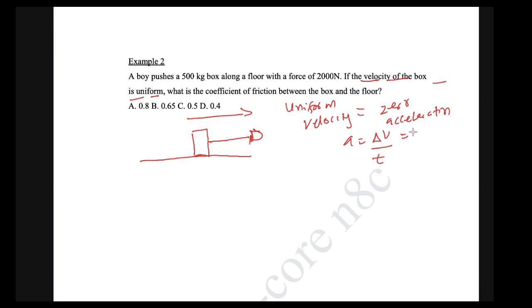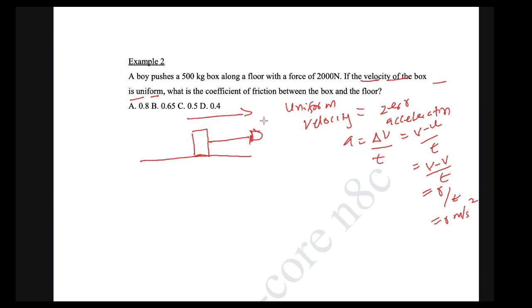So if v and u are the same, we can say v minus v over t. v minus v is going to equal 0. 0 over t is going to equal 0 meters per second squared. So note that whenever your velocity is uniform or constant, acceleration is equal to 0.